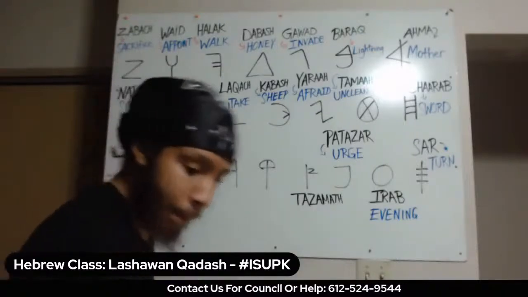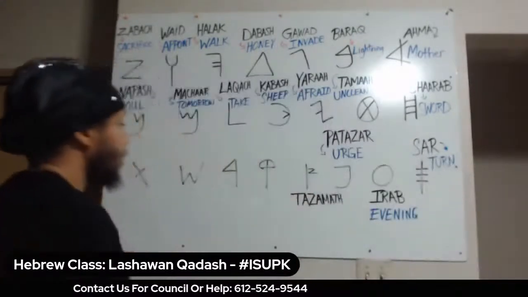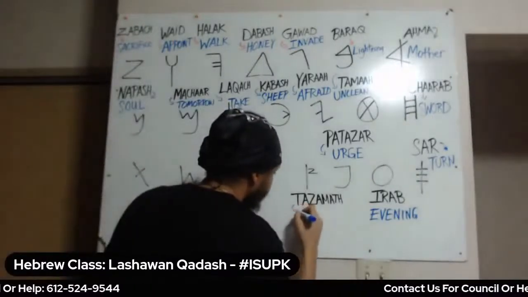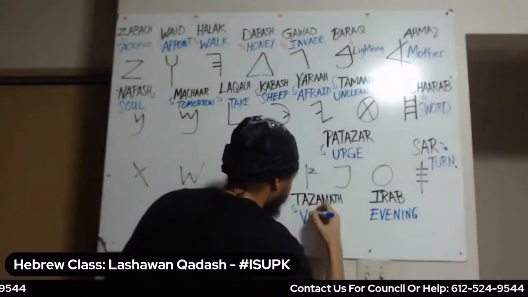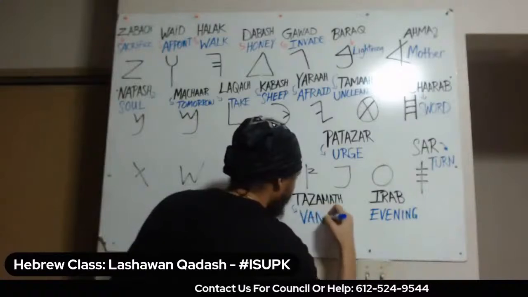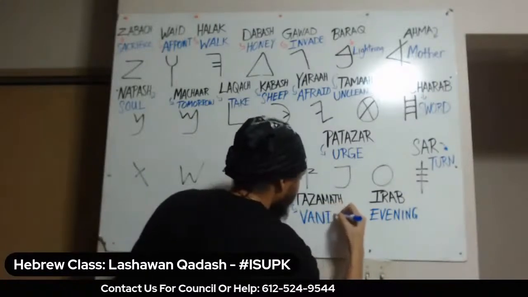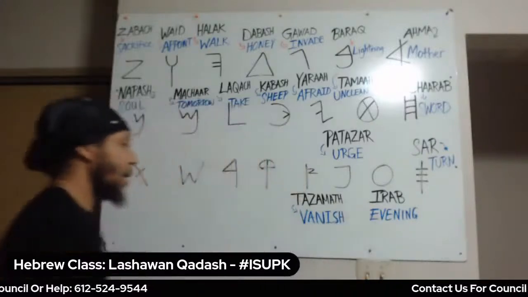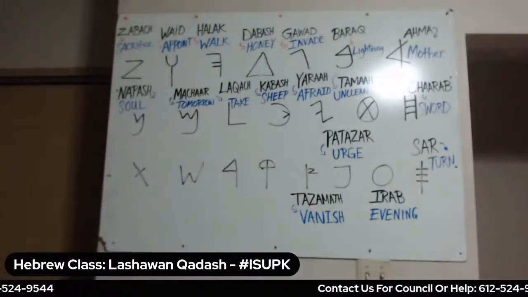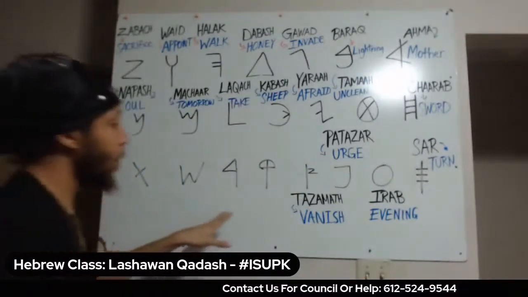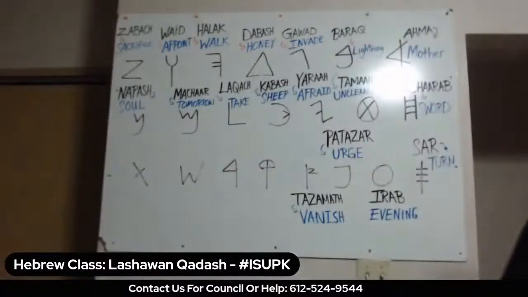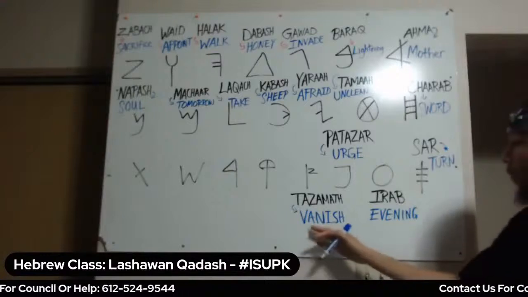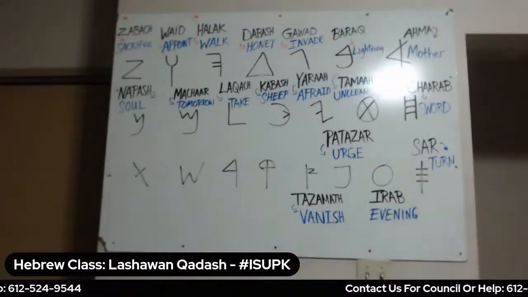Okay? Tazamah is the Hebrew word. What does that mean in English? As a definition, it means vanish. And by the way, a lot of these are just off the dome. A lot of these words are just random words, just to give you an idea. Okay? So tazamah, vanish.